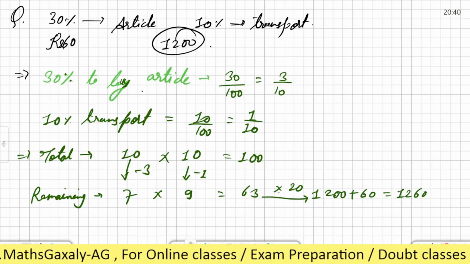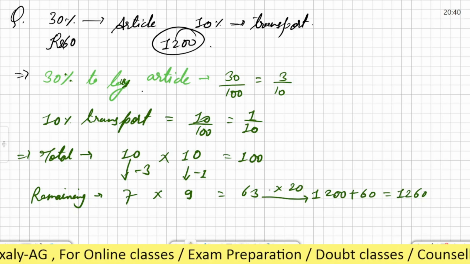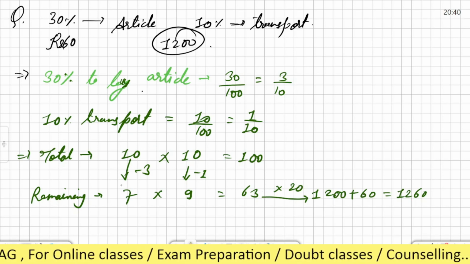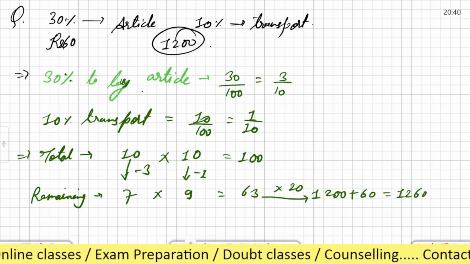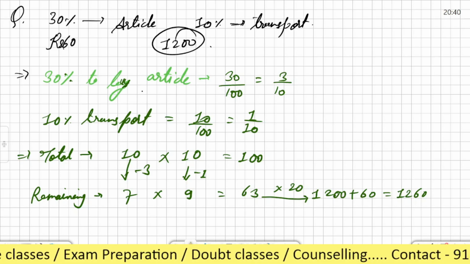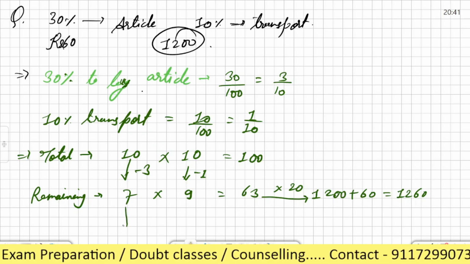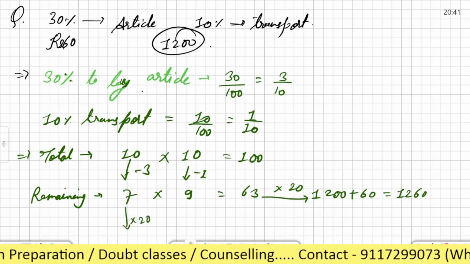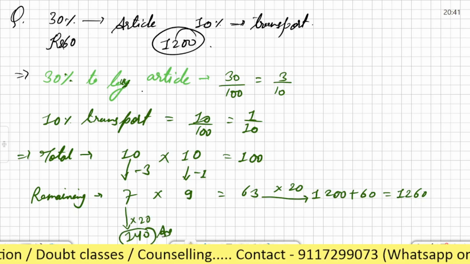Here it is asking about the amount he spent on transport, right? So as you can see, the remaining amount after buying the article, that is 7, right? So here we just multiply the 7 by 20 and we will get the answer. Okay, this is the one method.